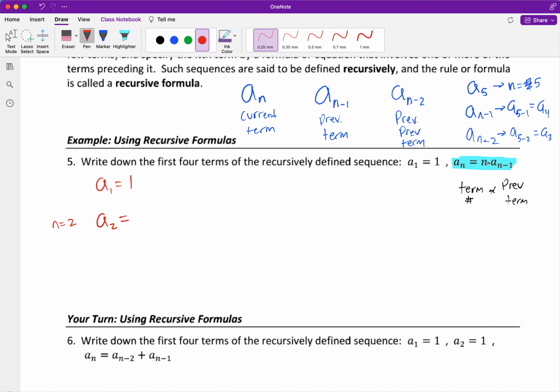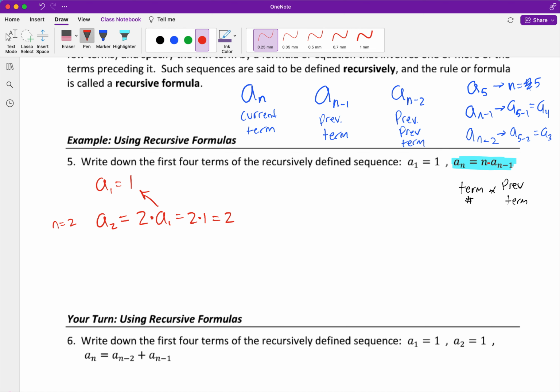So I'm doing n, which is 2, times a sub n minus 1. And if n is 2, then I'd be doing A2 minus 1, which is going to be A1. So I'm doing times A1. Well, what does A1 equal? We know that. It's 1. We have that right there. So this is going to be 2 times 1, which is 2. So the second term happens to be 2.